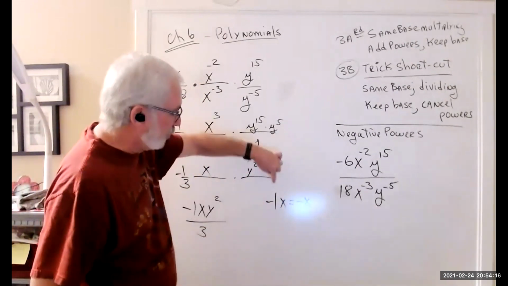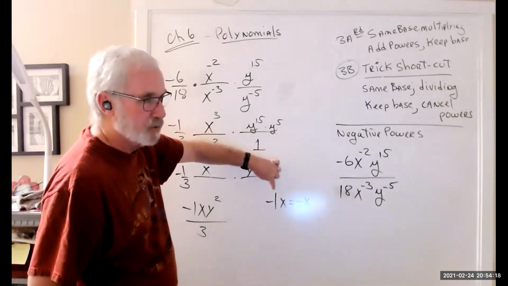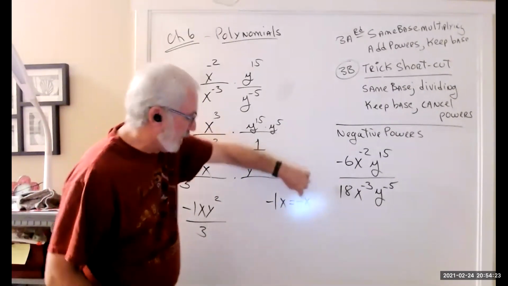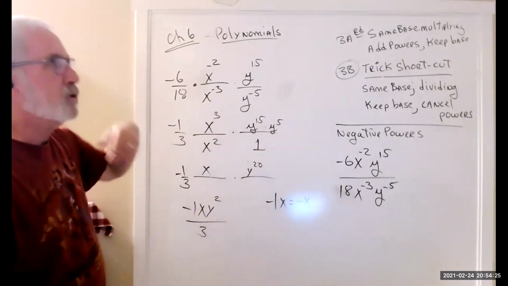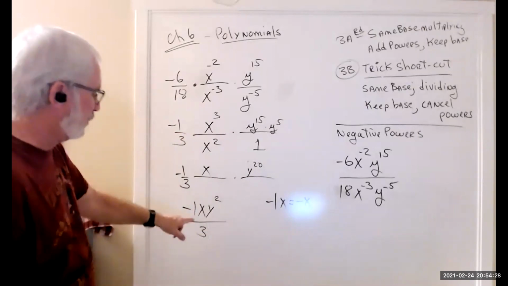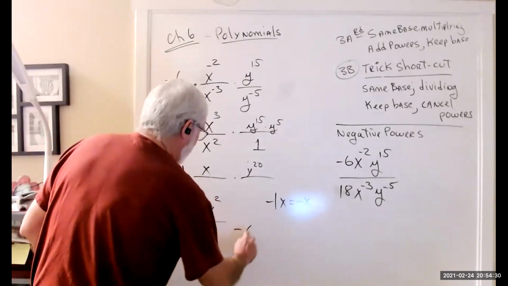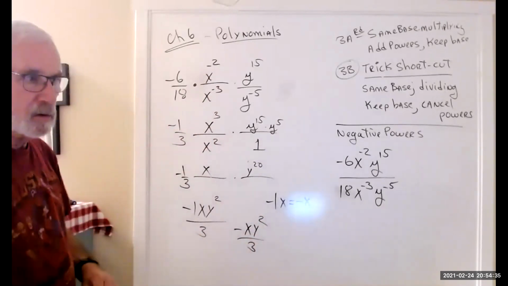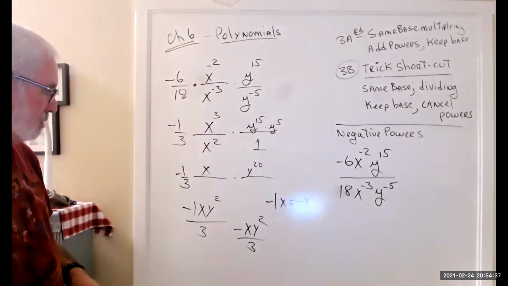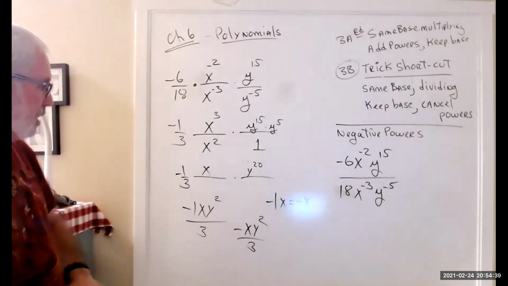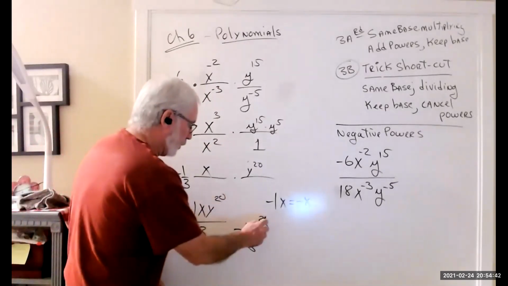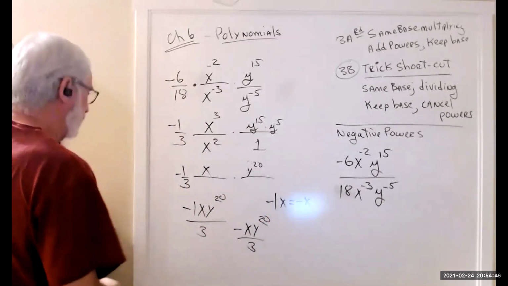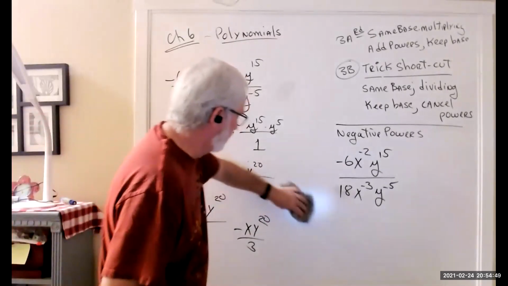For some reason, we think that's too much of a burden to write -1. We'd rather write -x. These are the same thing. So a more sophisticated answer would have been -xy² over 3. And then why did we have the squared instead of 20 for y? Oh, because I'm an idiot. Thank you. Yeah, sorry, that was way bad on my part.